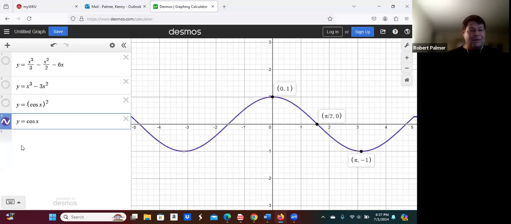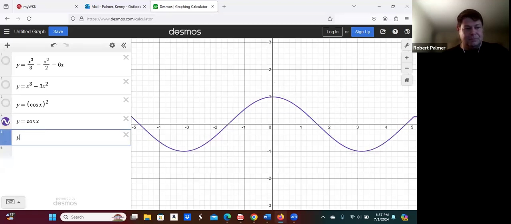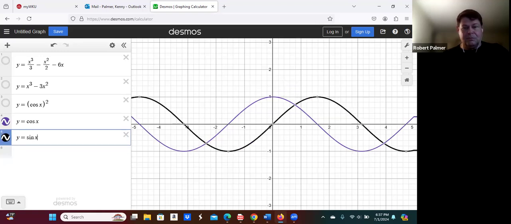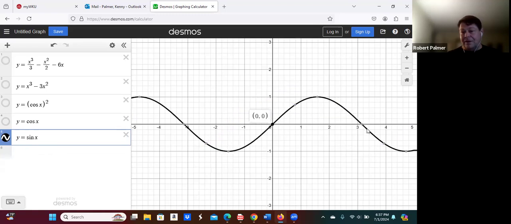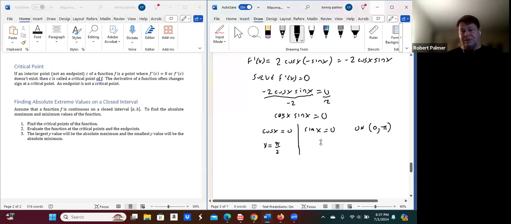Okay. And what about sine? Let's get rid of this. So actually, on that interval from 0 to pi, sine isn't actually negative anywhere. Okay. So sine of x is here.